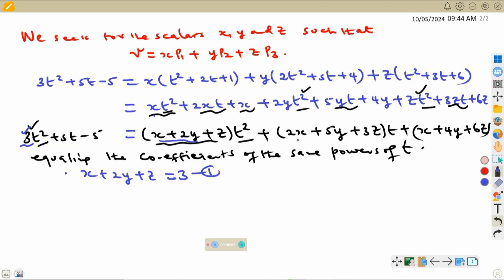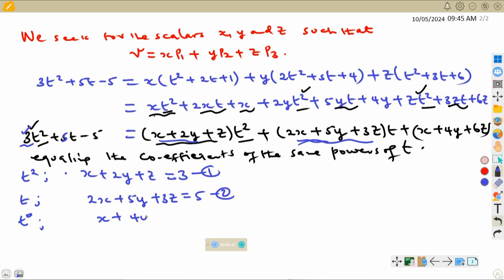Then next, the coefficients for t: you will have 2x plus 5y plus 3z, which will be equal to 5. This will be equation number 2. Then for t to power 0, this will be negative 5, and this side we have x plus 4y plus 6z, which is equal to negative 5.